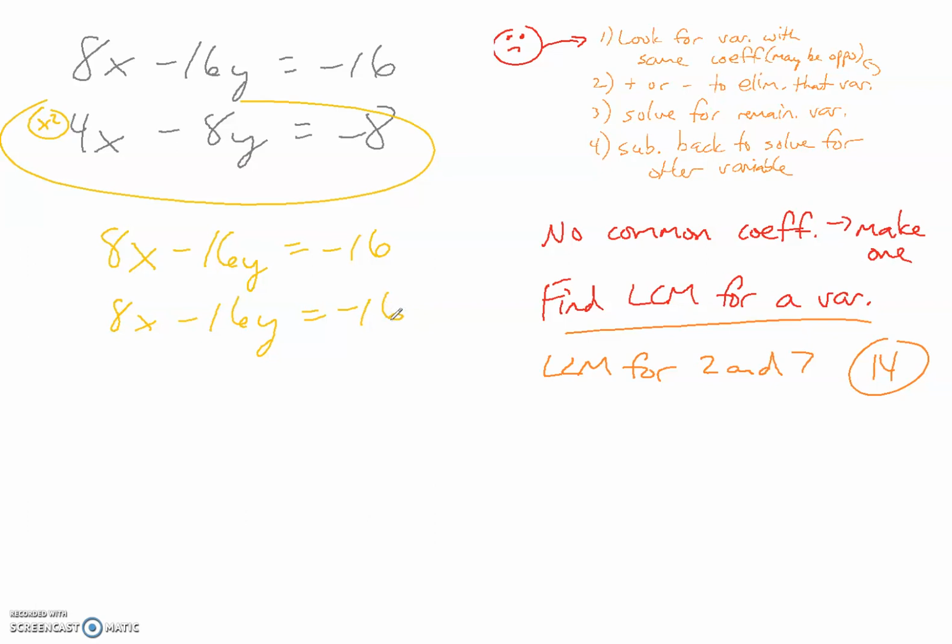You may have noticed already that these two expressions are equal to each other. If I try to subtract them to cancel off the 8s, I'm going to be left with absolutely nothing. It's going to be 0 is equal to 0 because the two expressions are equal to each other.